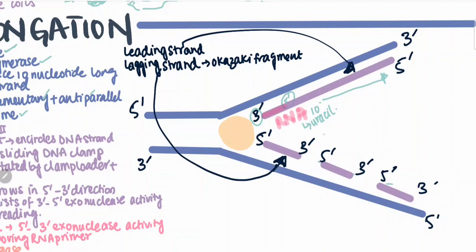And the primer or the primase has to jump. Here is going to be a primer. Here is going to be a primer. And it is going to form DNA in the form of fragments. Those fragments are named after the Japanese scientists that found them, and those are called the Okazaki fragments.